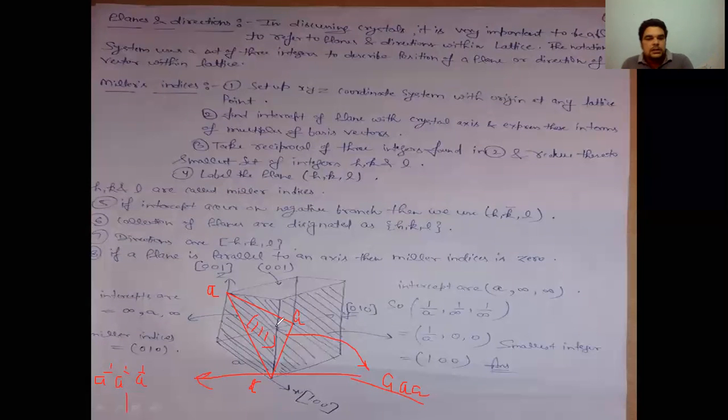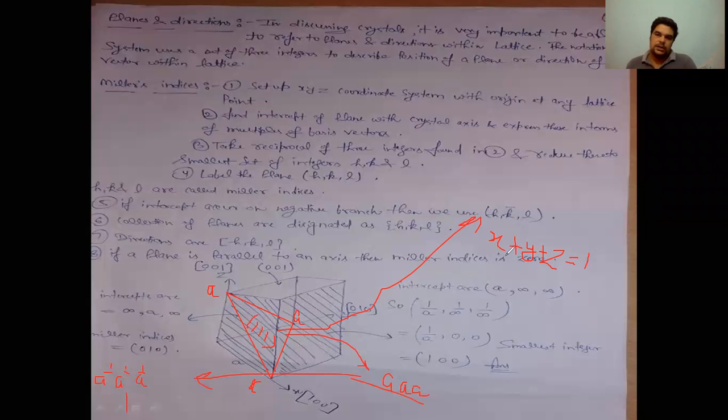Okay. So this is the representation of the plane. What will be the equation of this plane? The equation of this plane will be x plus y plus z equal to 1.